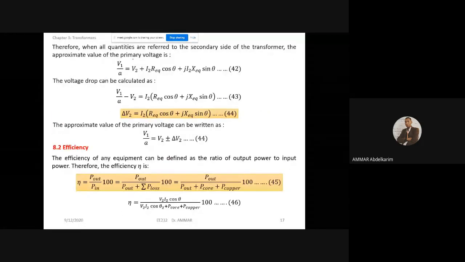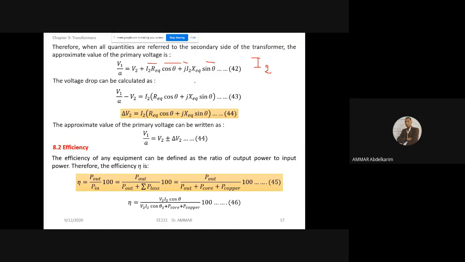Now, when all quantities are referred to the secondary side of the transformer, the approximate value of the voltage drop can be found. The current flowing in the impedance can be divided into I2 cosine theta, the current flowing in R, and I2 sine theta, the current flowing in X equivalent, which is the reactance.